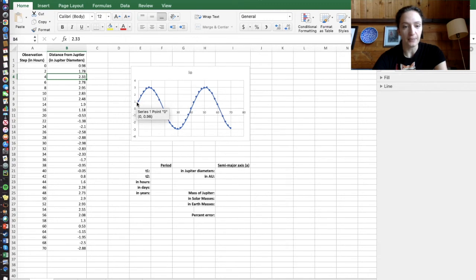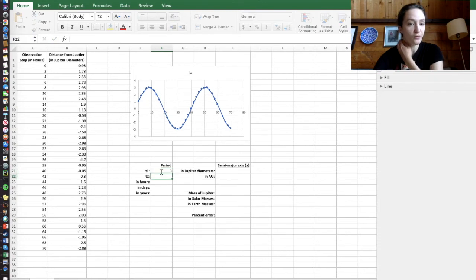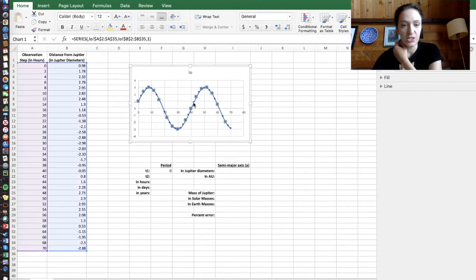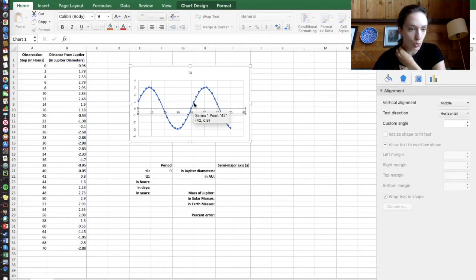This very first one corresponds to an observation step in hours of 0, so for T1, I would write 0. For T2, I'm looking for this point, point number 42.